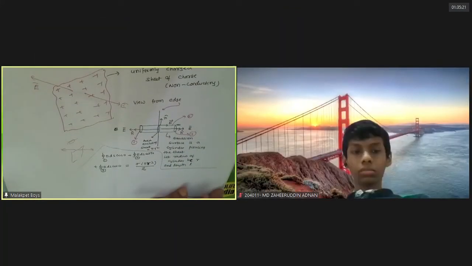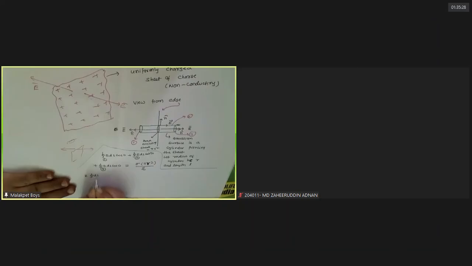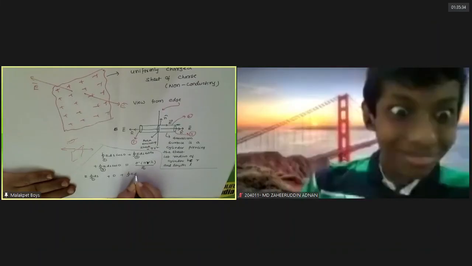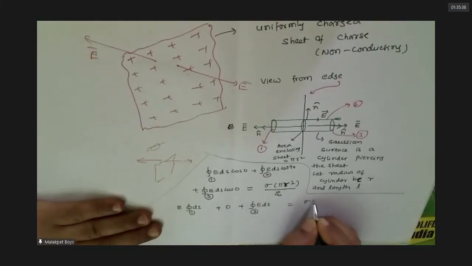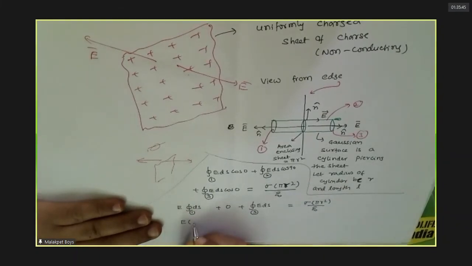Now you can see for this, this is anyhow 0. All of you following this? This is E into, what is this you have?